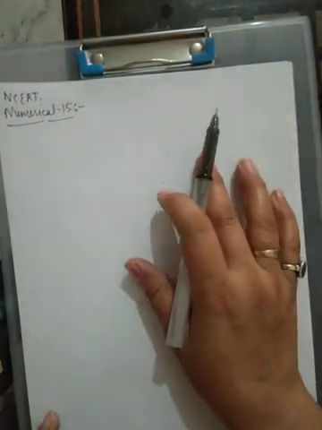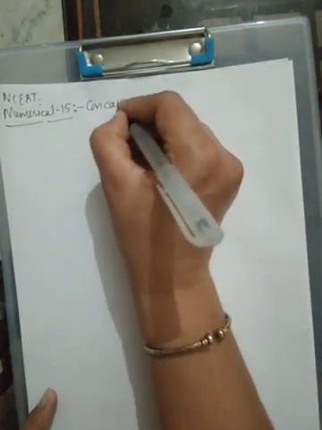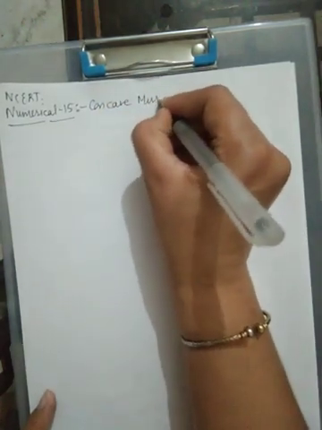As per the given statement, NCERT numerical 15: an object of size 7 centimeter is placed at 27 centimeter in front of a concave mirror. So what is given? Concave mirror.